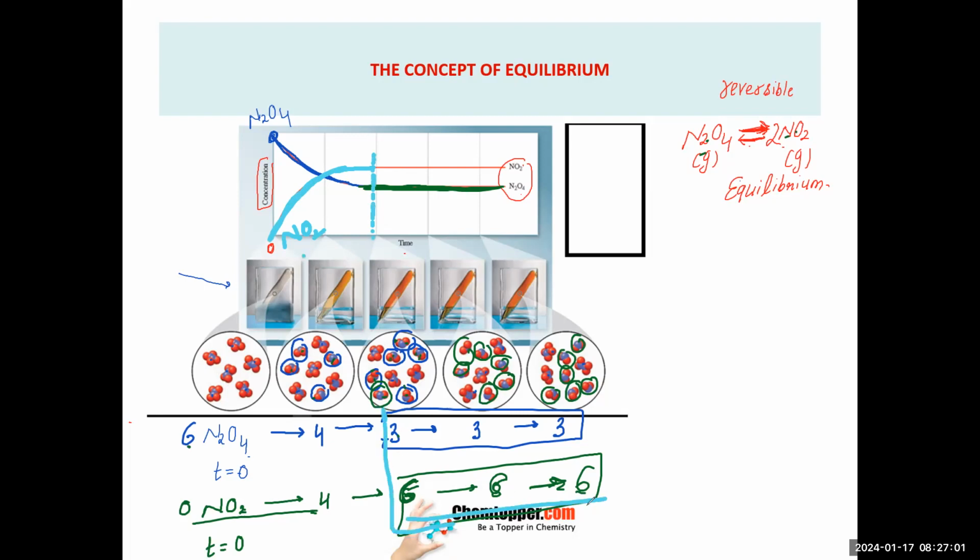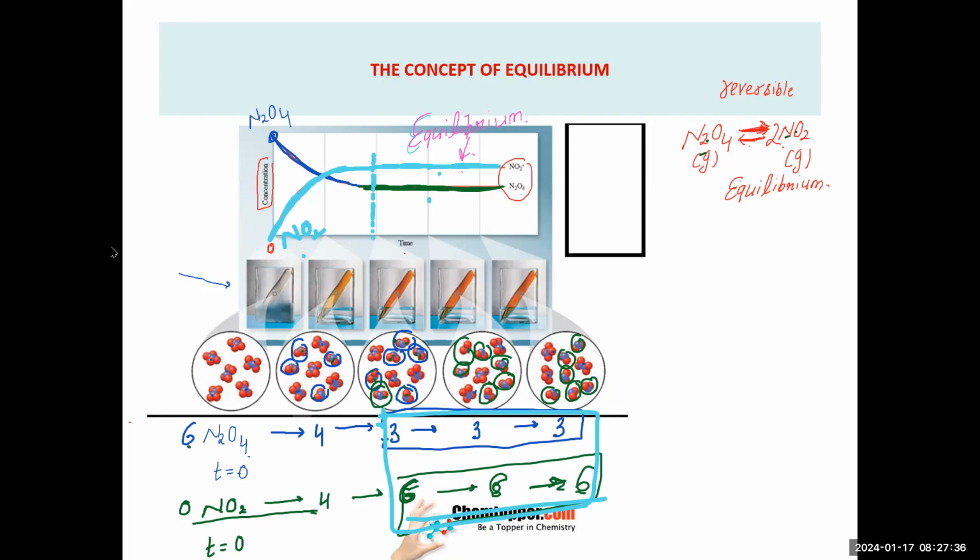See, at the same time. And there is no further increase and decrease in the concentration of NO2. This state is called equilibrium. Is it okay? You're understanding the equilibrium? So the equilibrium is the state where there is no further increase or decrease in the concentration of the reactants or the product. This is equilibrium.